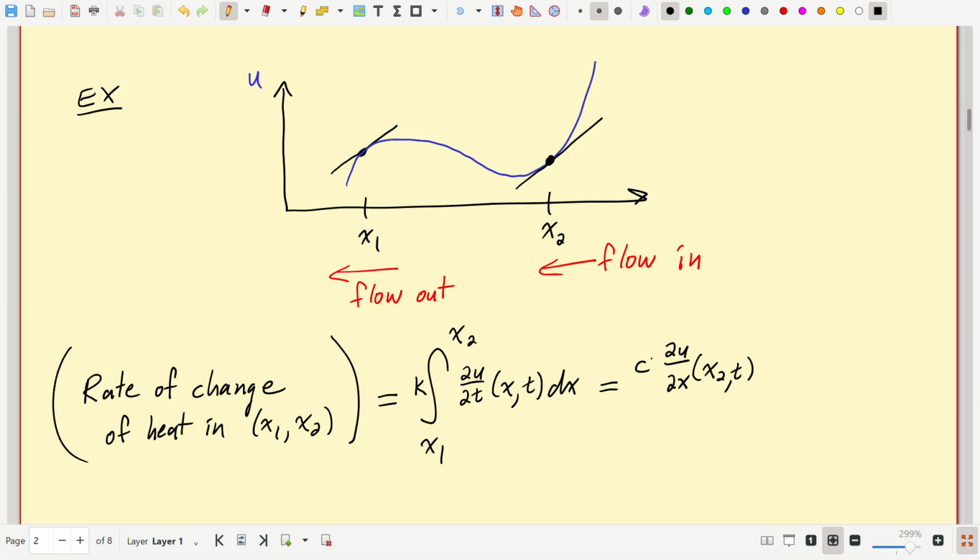Okay, and that's flowing in, so that's a positive contribution, right? If that du dx is positive, then it's flowing in, and that's a positive contribution. But on the other side, if that derivative is positive, it's actually flowing out. So that's why this is a minus c du dx at the other endpoint, x1, t.